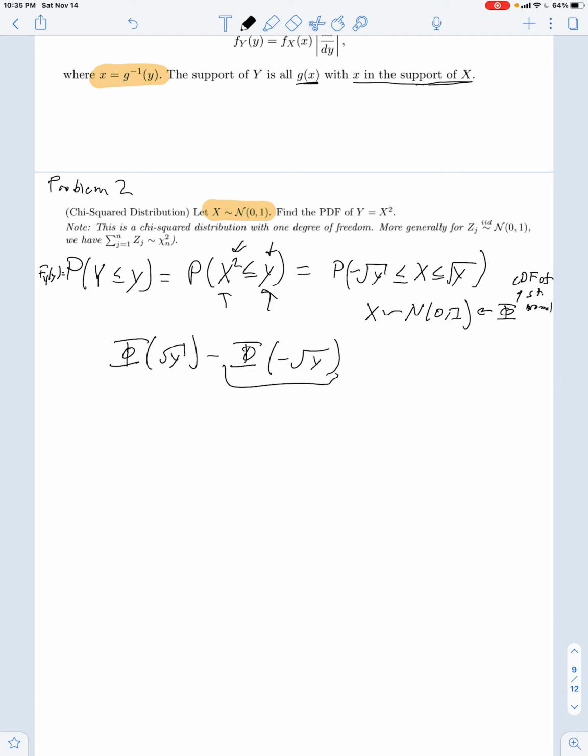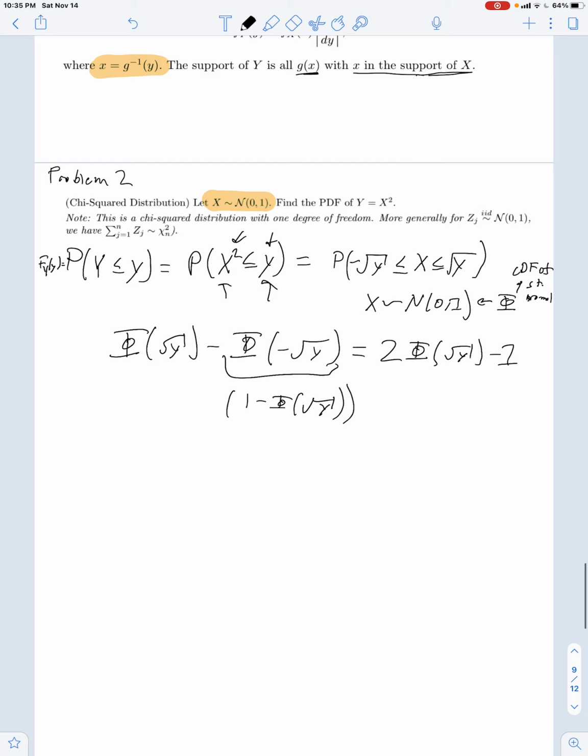Then just a little trick: remember that Phi of something negative is equal to 1 minus Phi of that positive thing. So this evaluates to 2 Phi of the square root of y, minus 1, because if I do this minus this quantity, I get 2 Phi at the square root of y minus 1.